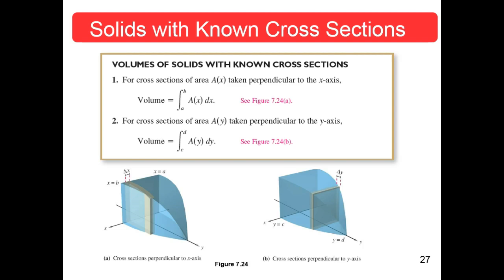This doesn't fit this at all. With the same shape, if you do a cross-section perpendicular to the y-axis, look at that. Your dy is there. There's your cross-section area. Now, that looks a lot like a square, but they haven't given us enough information to know whether it's a square or a rectangle.